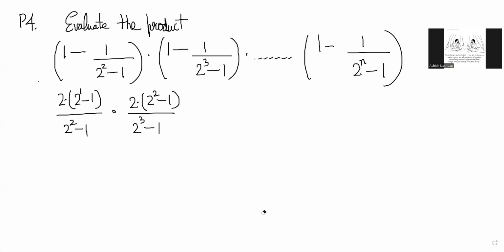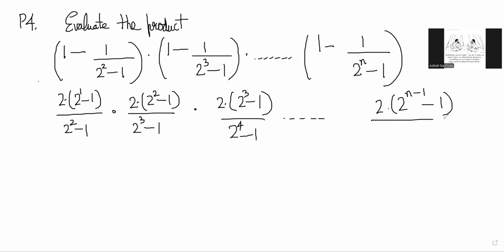You are almost right, Amit. Slight mistake is there. The next term would have been 2 times 2 cube minus 1 by 2 power 4 minus 1. And similarly, the last term would be 2 times 2 power n minus 1 by 2 power n minus 1. So this cancellation keeps happening.